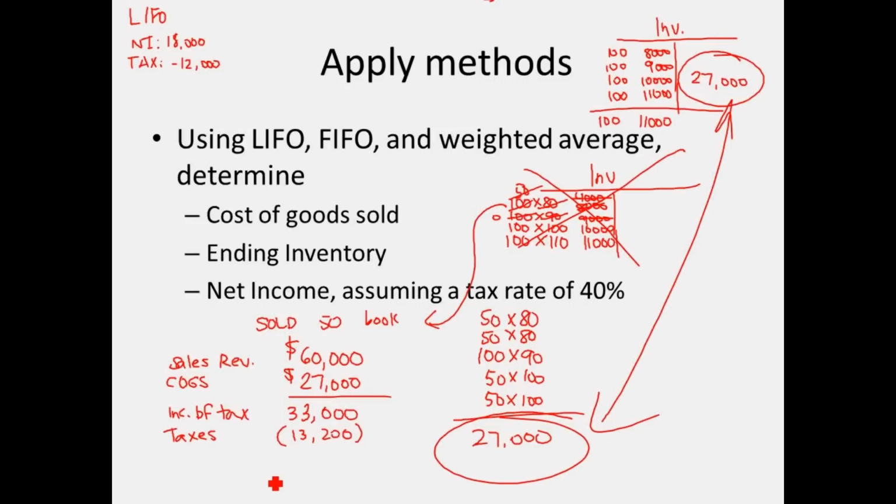What is my net income? Look at how much better I am if I'm a company that uses FIFO. If I was a company that used LIFO, I only had $18,000 in income. But because I use FIFO, I actually am so much more successful. I have $19,800 in income. Somebody tell me why that's just bogus and not very logical.